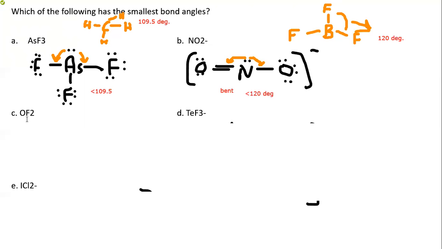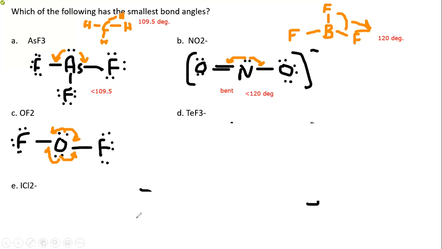Now we go to OF2. We draw the Lewis structure of OF2. We see that again it has 4 pairs of electrons around the central atom, 2 bonding and 2 lone pairs. So if you look at methane was 109.5 degrees. Arsenic trifluoride was a little bit less than 109.5. And now since we have 2 lone pairs, they're going to push these 2 bonds closer together.